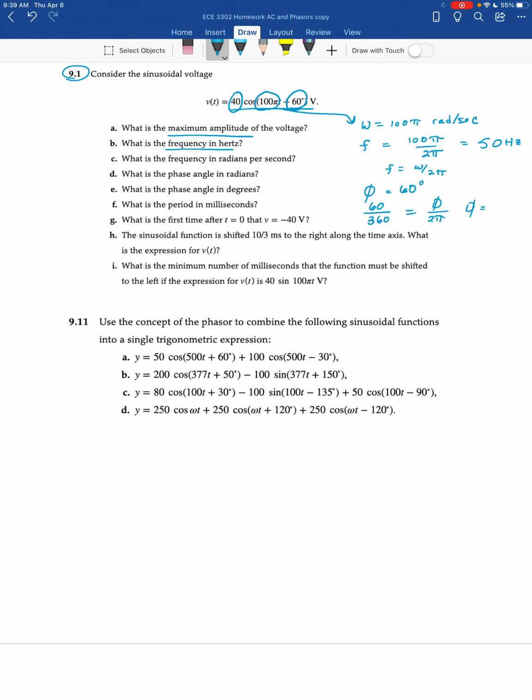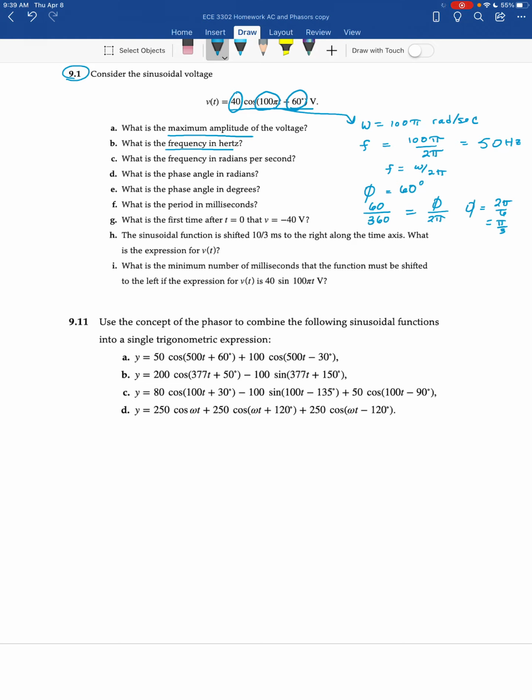So to get phi in radians, which is the answer to D, you would simplify this, so it would be 2 pi over 6, or pi over 3. In AC, it is perfectly fine to leave phase angles in terms of pi, that's fairly commonly done.